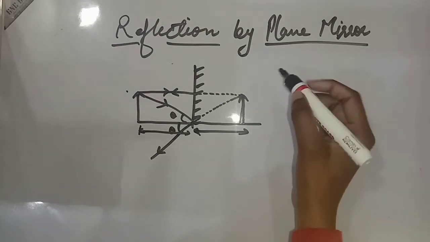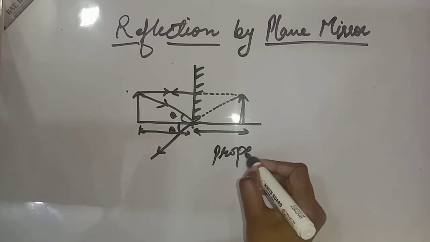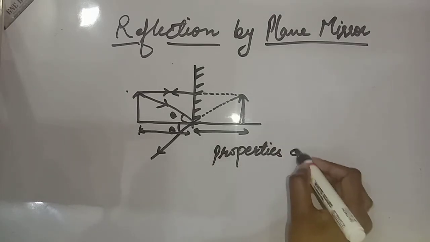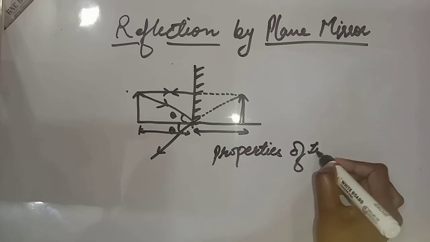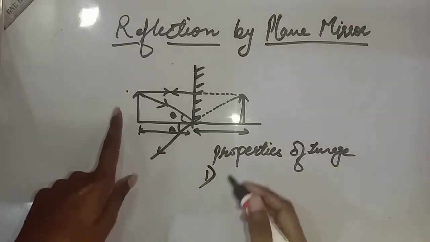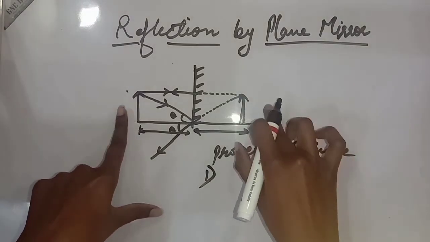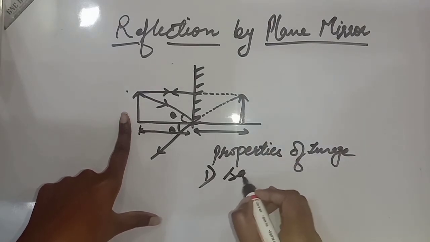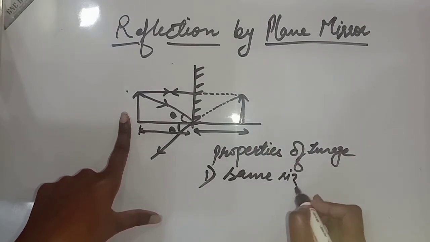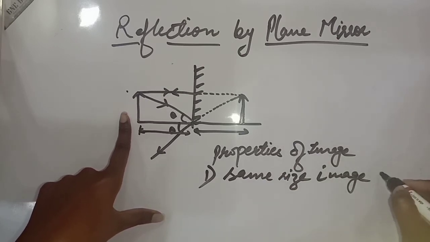Now, we will study some properties of this image. First, the image of this object will be of the same size. Same size image as that of the object.